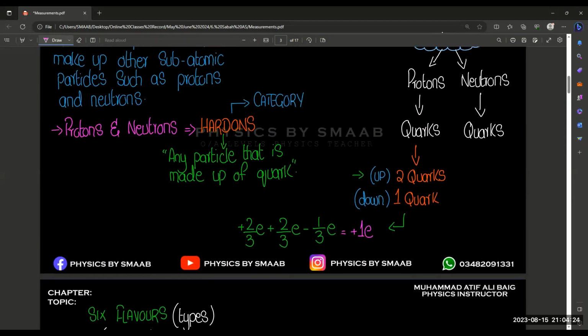And if you want to make the neutron, what will be the formation of the neutron? For that you need your value to be 0. That will be 2 down, 1 up. If we use 2 down and 1 up, your value will be equal to 0, right?